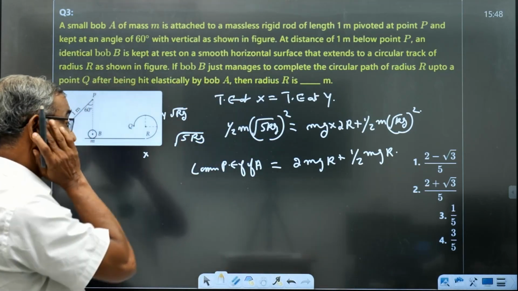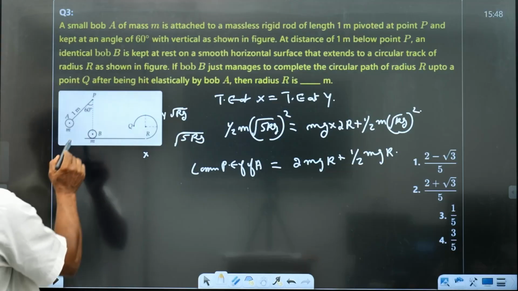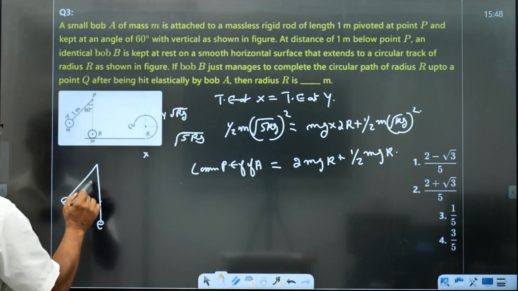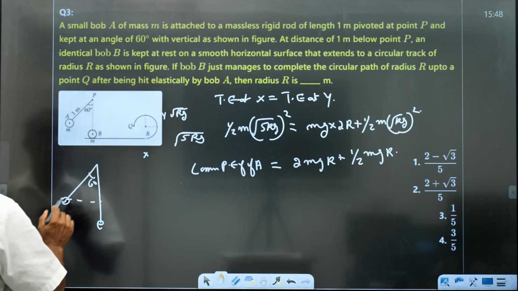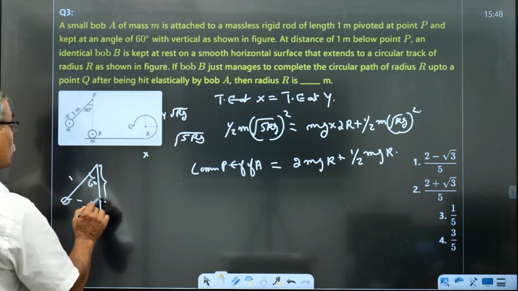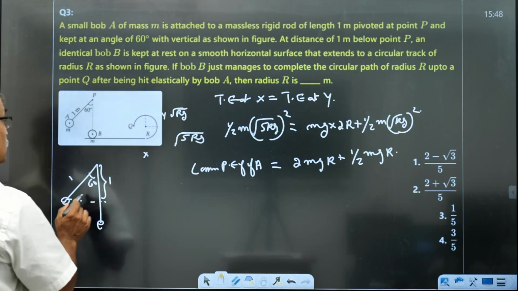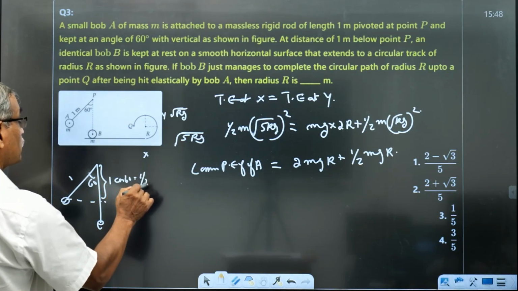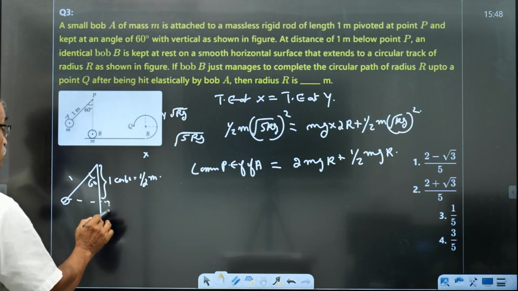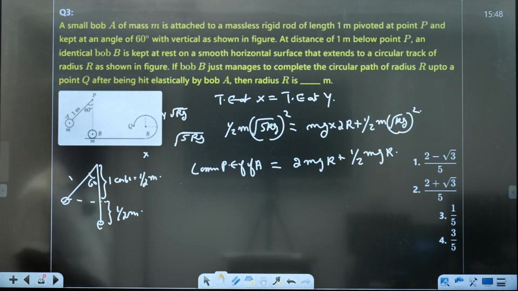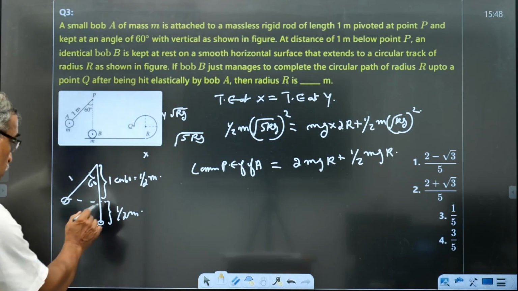Now, what is the loss in potential energy of A? Here this is 60 degrees. This is 1 meter, and this is 1 meter, and both this is equal to 1 cos 60, or half meter. Therefore, this is half meter. The loss in potential energy is equal to mg into height.